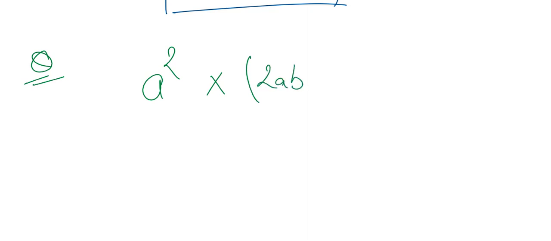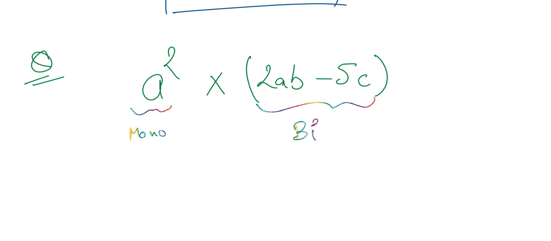Let us solve it together. I have to multiply a square with 2ab minus 5c. Now determine, this is my what? Monomial. This is my what? Binomial. So if I have to multiply, use your distributive property.